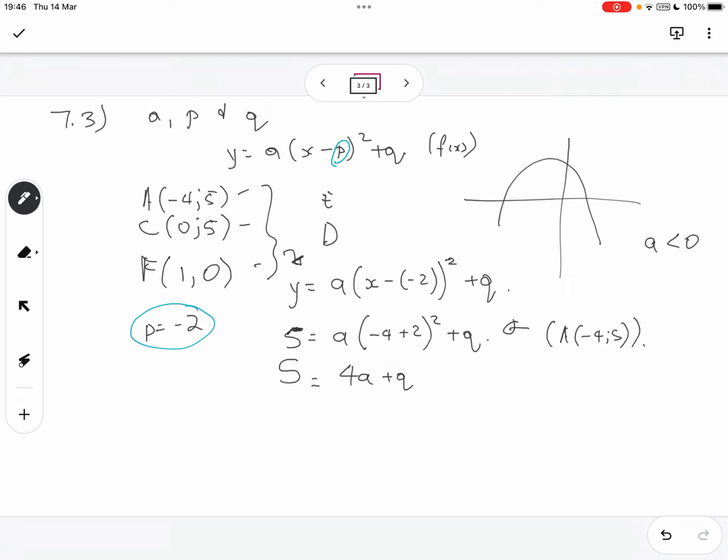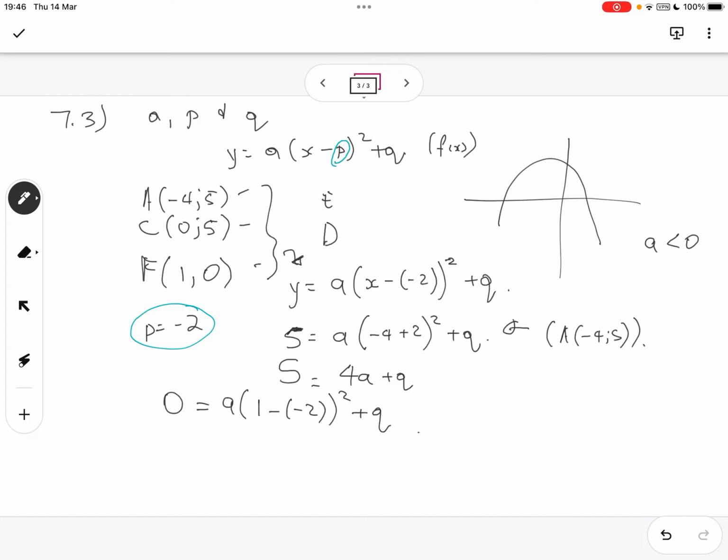All right. Then the second thing we can do is look at what happens at the point where y is 0 and x is 1.